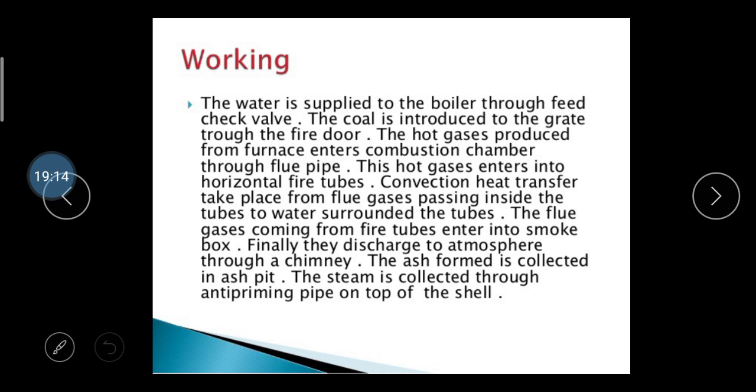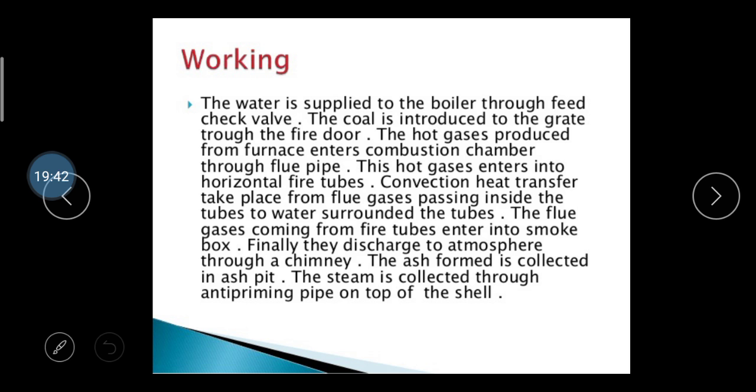The hot gas enters the horizontal fire tubes, and convection heat transfer takes place between the gases passing inside the tube and the water surrounding the tube. The flue gases coming from the fire tubes enter the smoke box and are finally discharged to the atmosphere through the chimney, and the ash is collected in the ash pit.